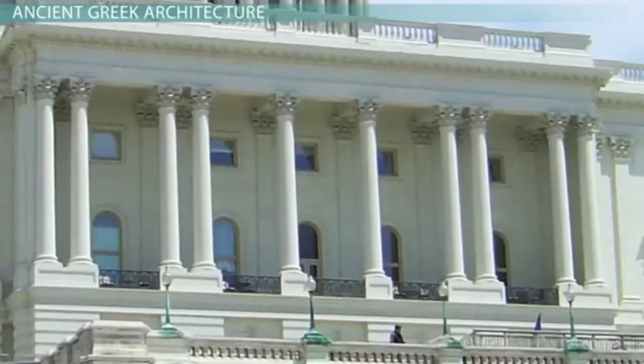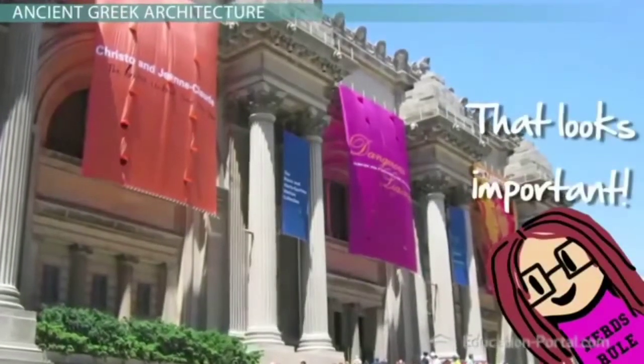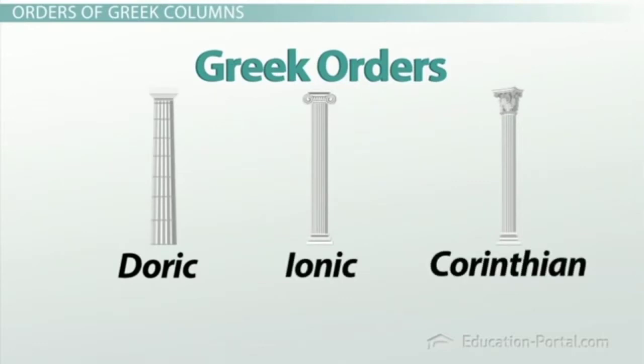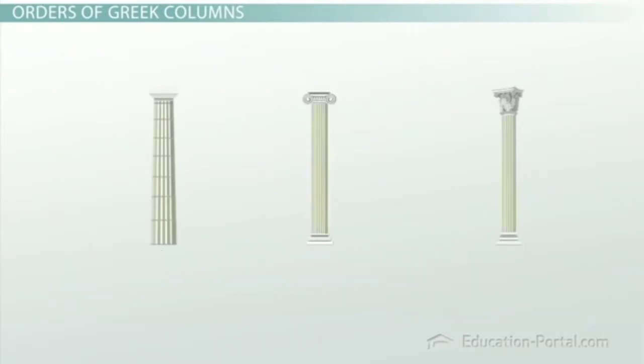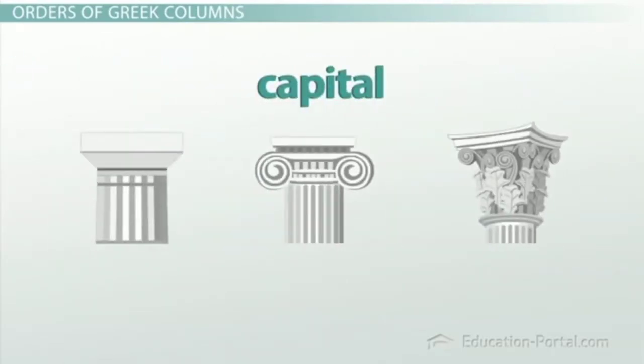In short, if you want a Westerner to think something is important, put columns on it. And not just any columns, Greek columns. Greek columns come in 3 varieties, or orders: Doric, Ionic, and Corinthian. All 3 share the same fluted column, or drum. Where they differ is at the top, what is called the capital of the column.